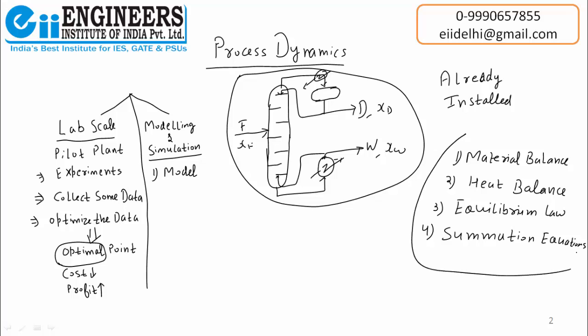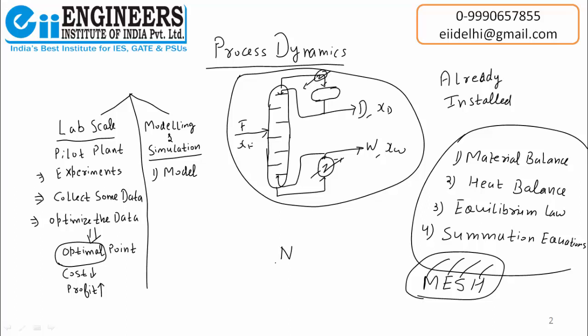So this is the group of equations that we can apply for the distillation column, and these are also known as MESH equations: material balance, equilibrium, summation, and enthalpy.